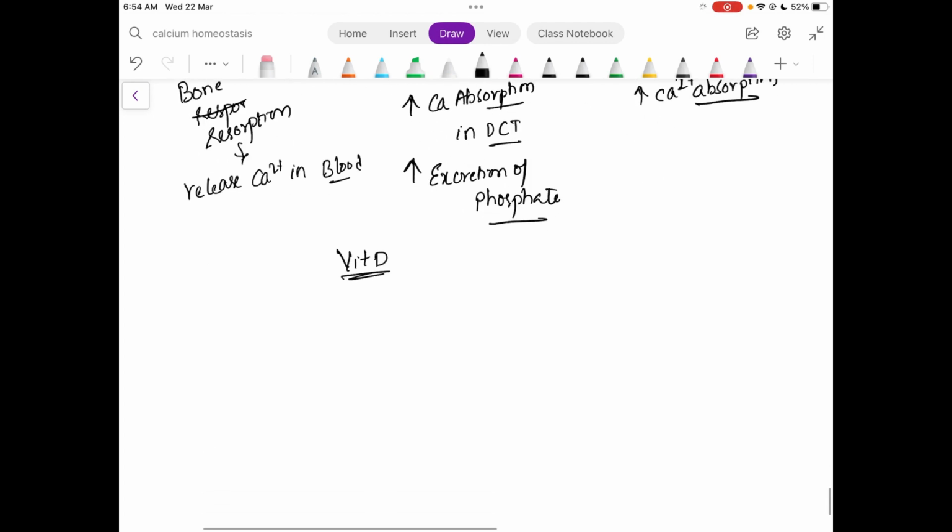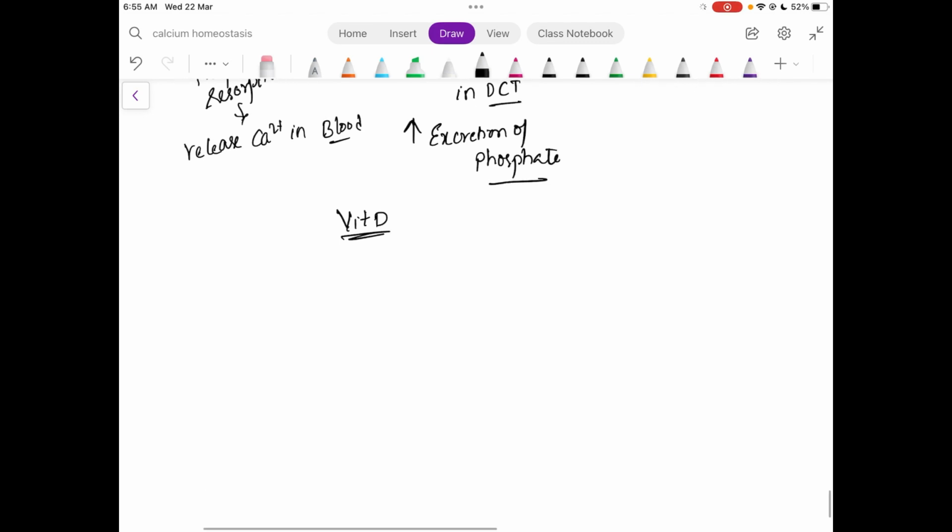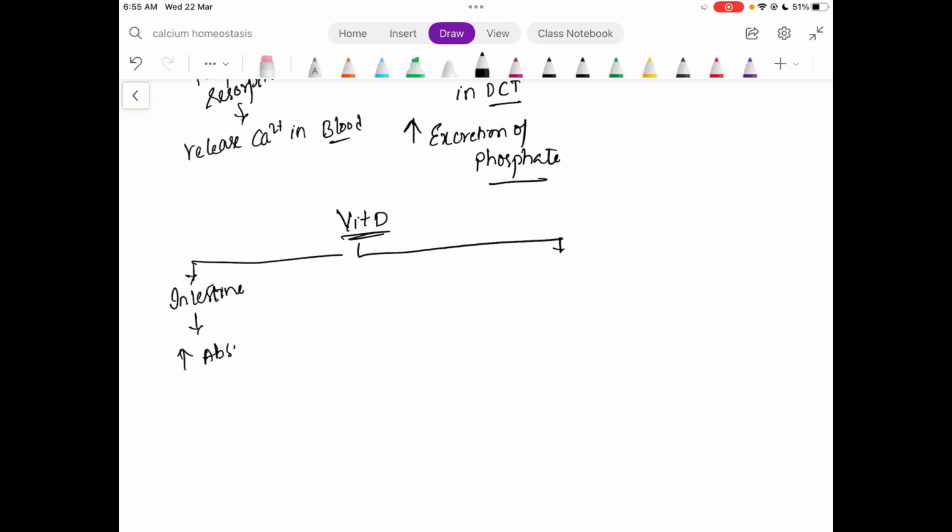Next, vitamin D, how it will help in maintenance of calcium when calcium levels are low. Vitamin D acts on intestine, that is, it will increase absorption. On kidney, it will increase calcium absorption and it increases phosphate absorption also.